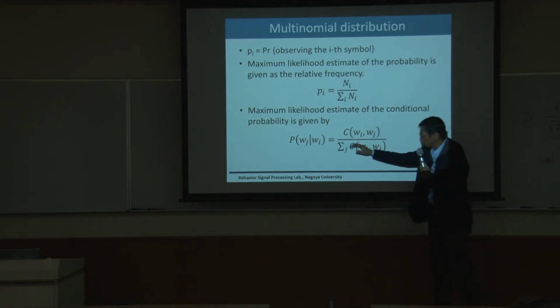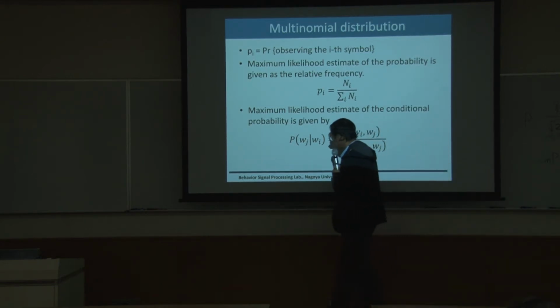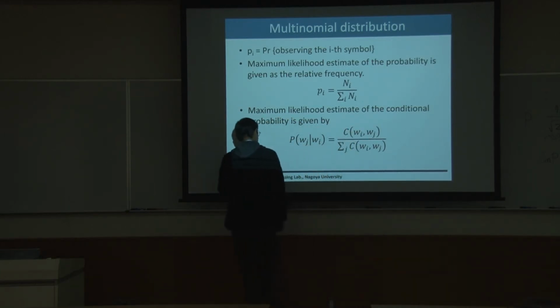So in this case, the total Wj observation, and this is the number of counts that the two particular words are here.